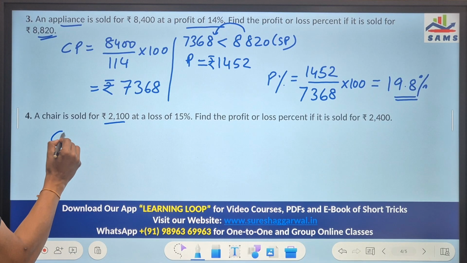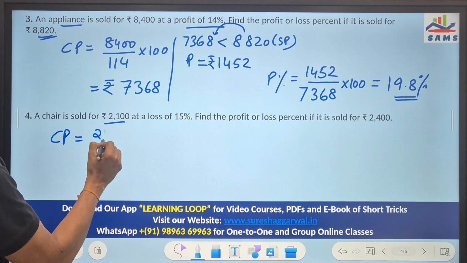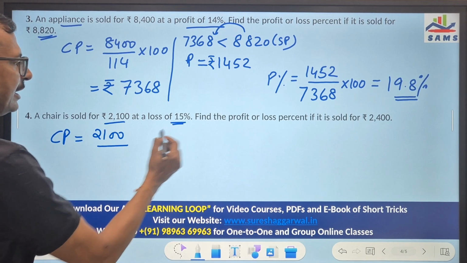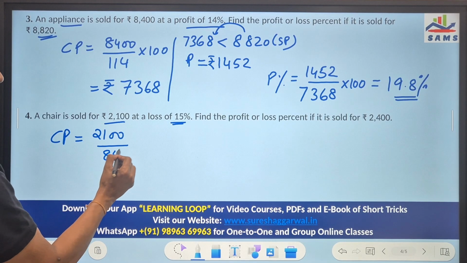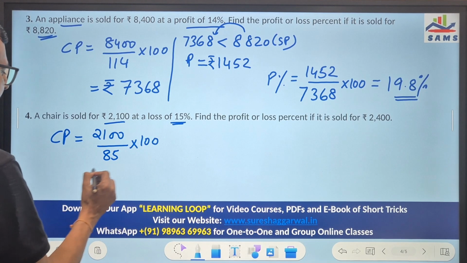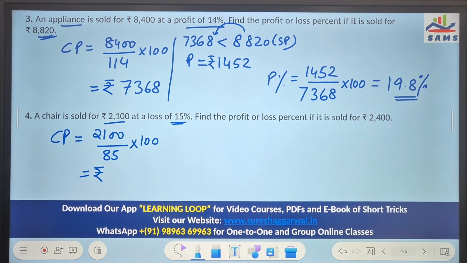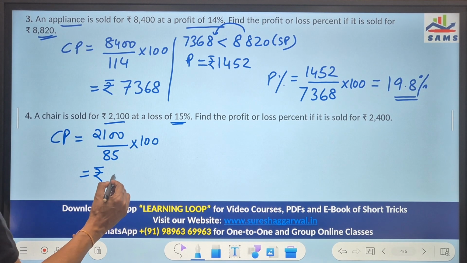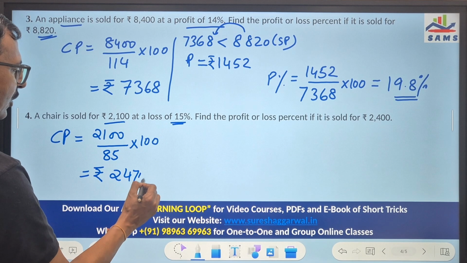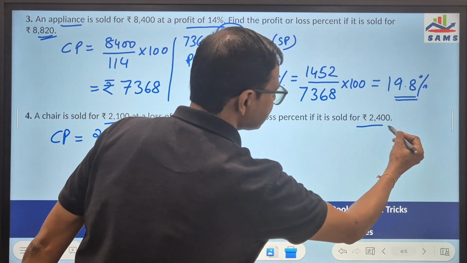Likewise, you have another one here. This is the first selling price, that is 2100. Loss of 15 means 100 minus 15, 85, and times 100. So the cost price in this case comes out to be approximately 2470. And now compare this with this.